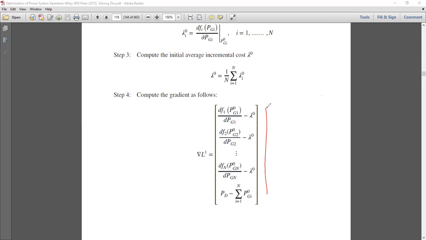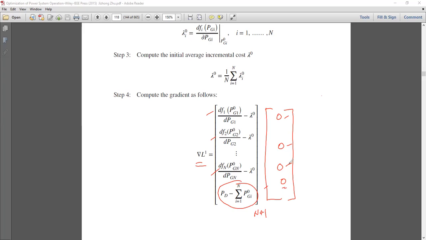If there are 3 generating units, there will actually be 4 entries, because the dimension is n plus 1, as we have a lambda associated there. So for 3 generating units, you calculate this, and for the balancing of load, you have another one. If all of these are 0, it means you have reached the optimum.